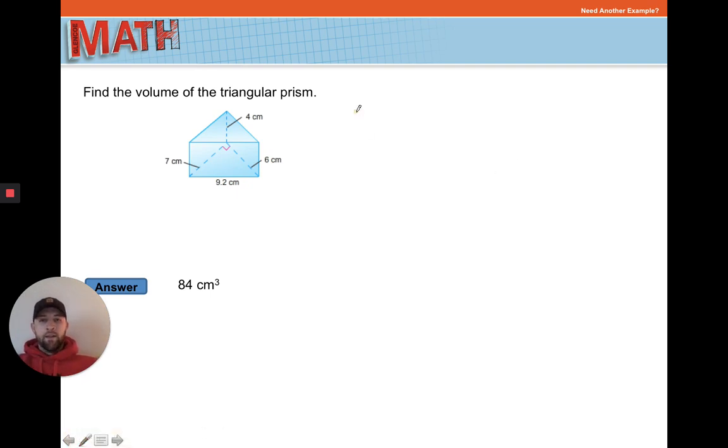All right. Here is my formula. Volume for a triangular prism is the area of the base times the height. Now, if I was to go ahead and take out this base, the triangle that my shape is sitting on, it would look something like this.